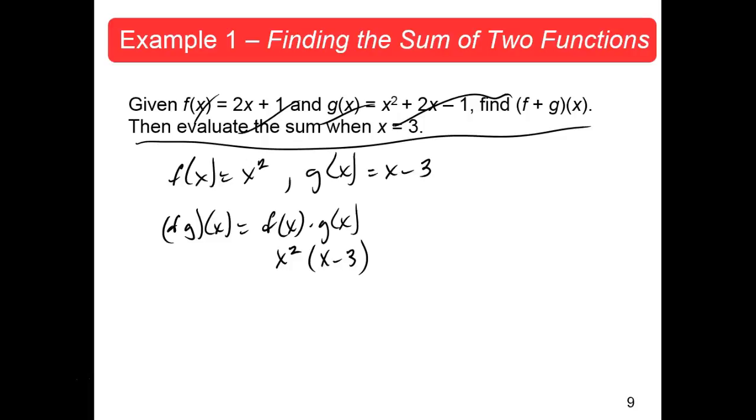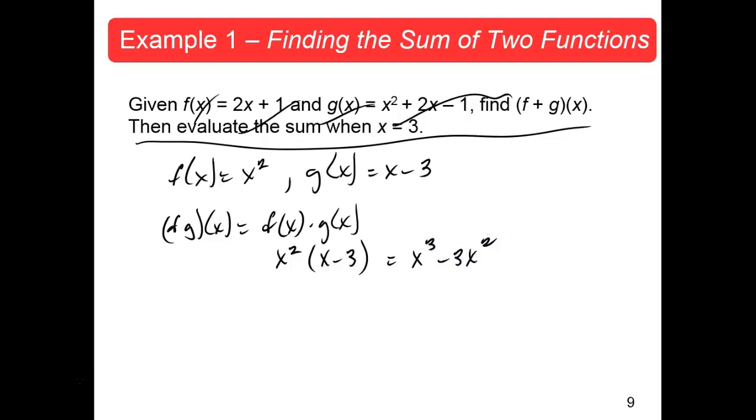If this was a binomial or a trinomial or anything bigger than a monomial, you would put that in parentheses, that in parentheses. If it had been bigger, you would have foiled it. This is just a monomial. What would that give you? X cubed minus 3x squared.